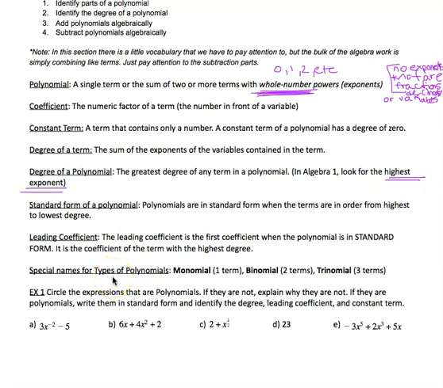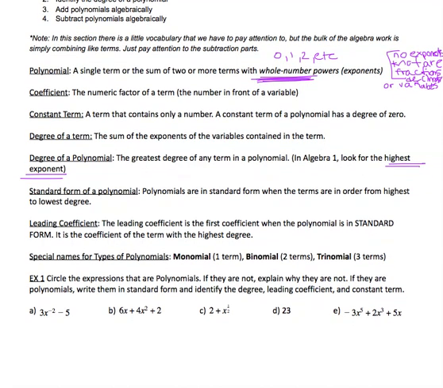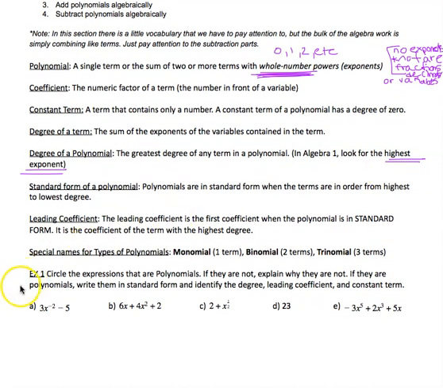We have a specific way that we have to write our final answers when we are doing operations with polynomials, and that is called standard form. Standard form of a polynomial is when the terms are in order from the highest to the lowest degree. So meaning highest exponent to lowest exponent.